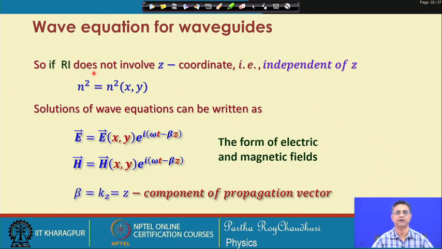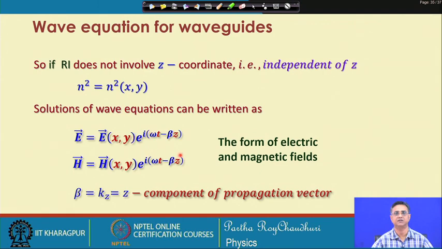So, if the refractive index does not involve the z coordinate, that is to say the refractive index is a function of only x and y, but not a function of z, in that case the solutions of the wave equations can be written in this form, because we have been able to isolate the z dependence, and we have also been able to isolate the time dependence.